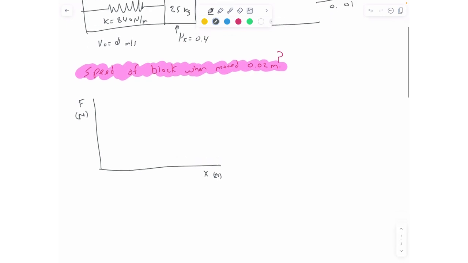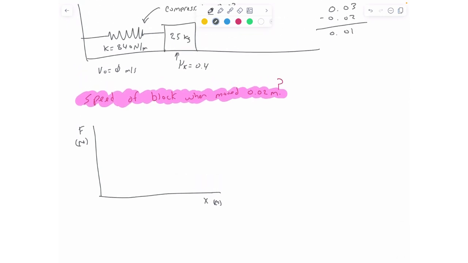Okay. So the spring constant, which it gave, was 840 Newton meters. So basically, it's this linear line right here. And so an ideal spring starts at 0, so its origin starts at 0, so it doesn't have a y-intercept. Well, the y-intercept is 0. And so this force, as a function of x or displacement, and what does x mean? It means how far from its non-stretched or non-compressed, like its natural state.